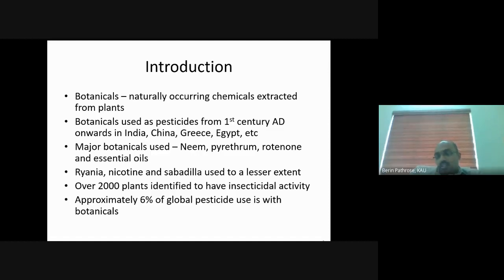In our country also, botanicals have a very good market share, not as much as synthetic chemicals, but a sizable share in the Indian market too. And almost 99% of that market is occupied by neem-based products. Botanicals as such have been used from time immemorial, and the major botanicals used nowadays are neem, pyrethrum, rotenone, and essential oils. Many plant species have chemicals with insecticidal property.